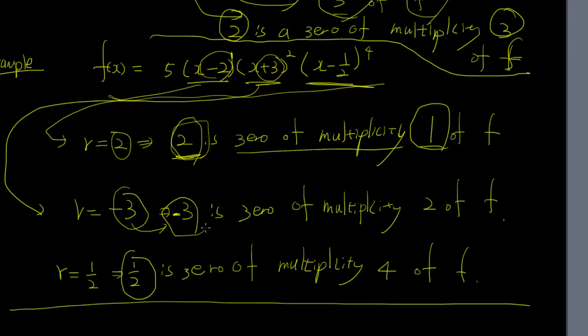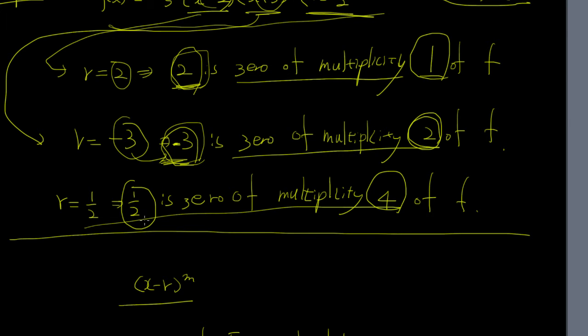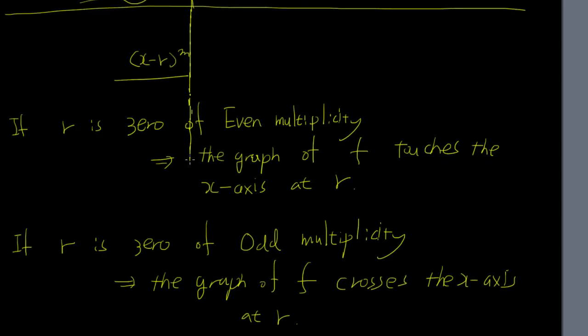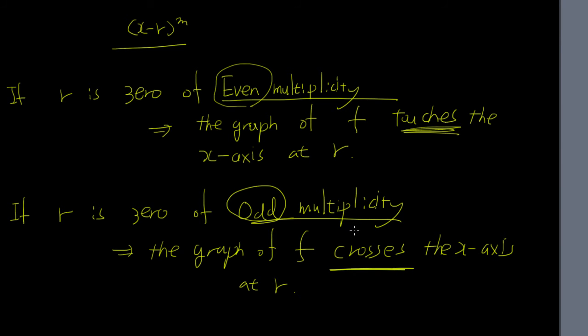And negative 3 is a zero of multiplicity 2, which is an even number. That means the graph of this function, we don't know exactly what it looks like, but it is going to touch at x equals negative 3. What about here? This is multiplicity 4, so again an even number, then it touches. Even multiplicity, it touches. Odd multiplicity, it crosses.